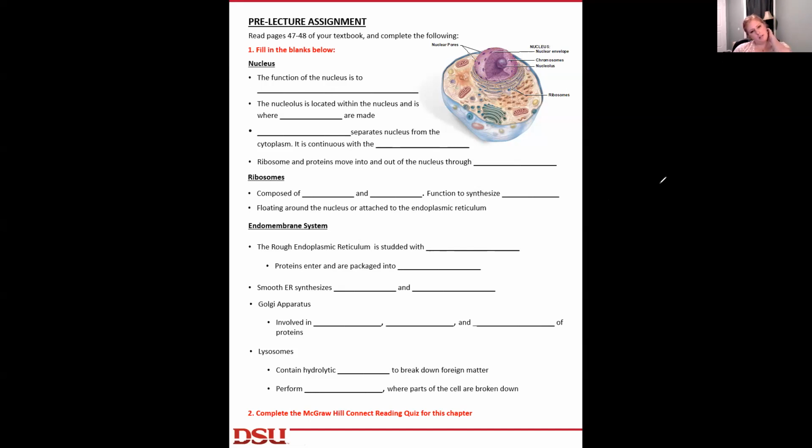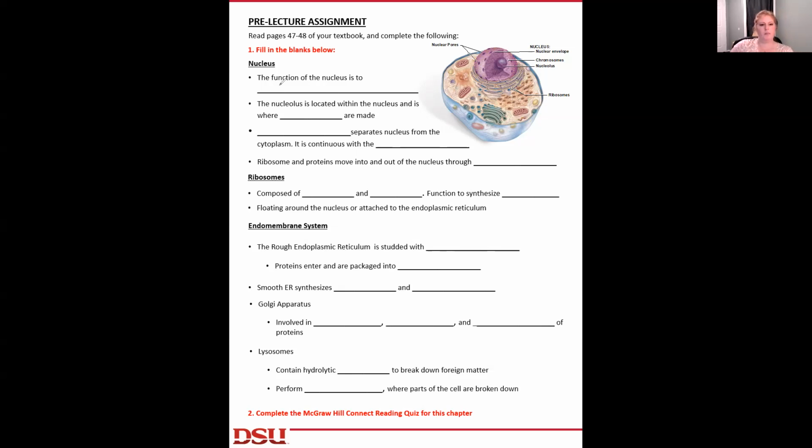And that's just because of the amount of independent work, if you will, that this packet contains, where you kind of have to think through and apply what you've learned in large part from this page to what you're going to see in the questions that get asked. So let's go ahead and start covering our pre-lecture assignment.